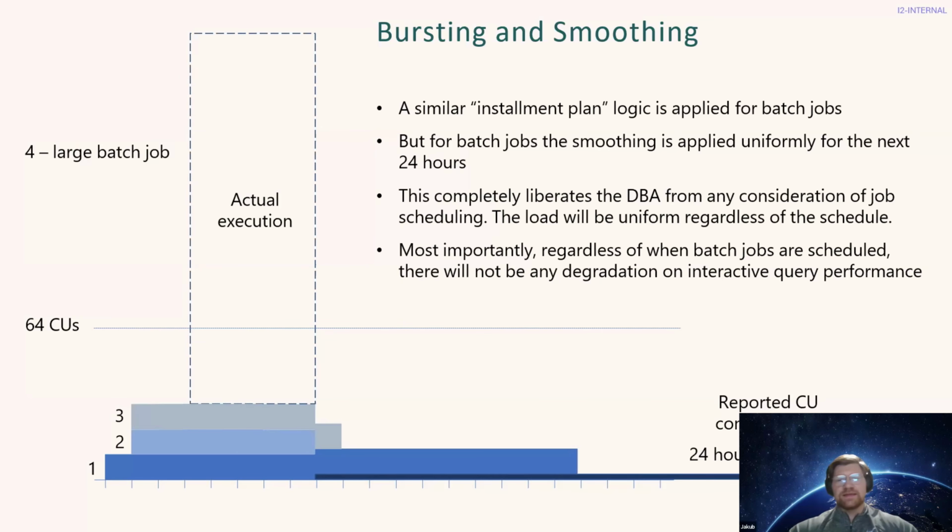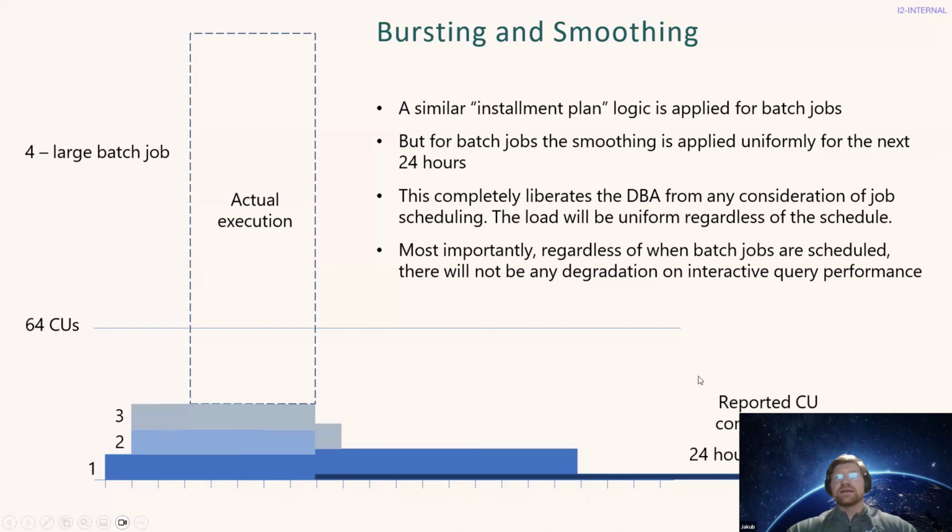So it's smoothing. It's kind of averaging of your compute consumption over time. So such spikes like that, which we saw on the previous slide, don't block the other work which is happening on our capacity.